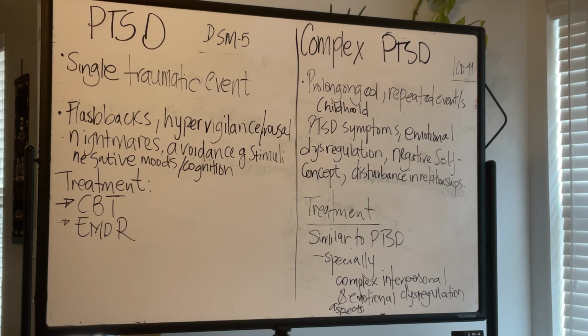As I said, PTSD is in DSM-5, but complex PTSD is not in there, which is obviously something that a lot of people have been debating about, because some people experience a car accident, or they might go to war, where the event is occurring over and over.